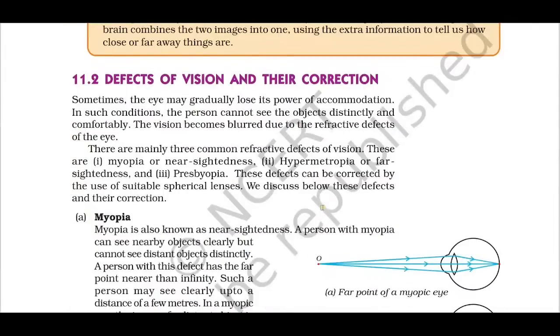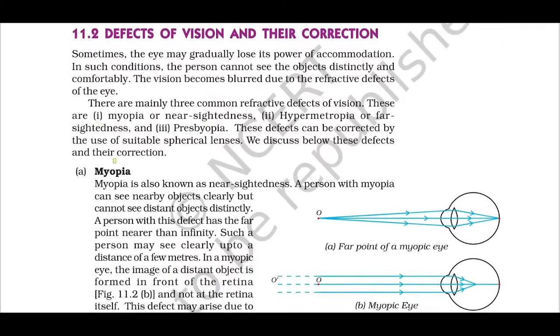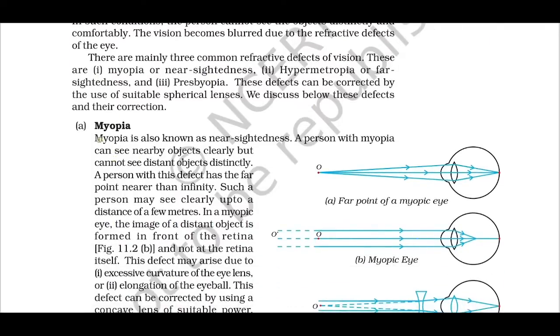Next, we have defects of vision and their correction. Out of 3 defects, definitely you can expect one for the exam. We'll start with myopia. Myopia is known as nearsightedness. That means a person with myopia can see near objects clearly but cannot see far objects distinctly.